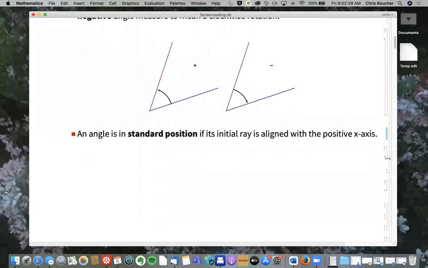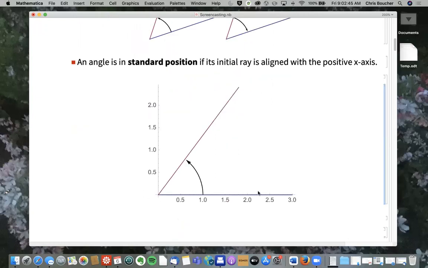So we'll often put our rays in standard position, and all that means is we lay the initial ray along the positive x-axis. We put the point where the two rays meet at the origin, lay the initial ray horizontal on the positive x-axis, and now positive angles open upward counterclockwise and negative angles open downward clockwise.